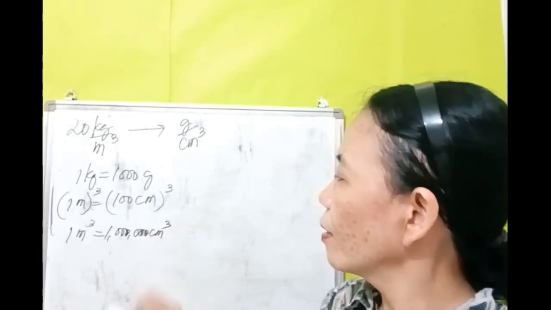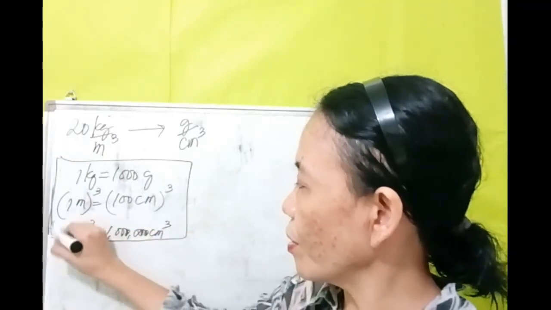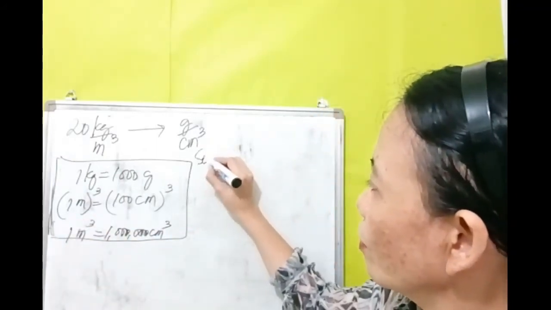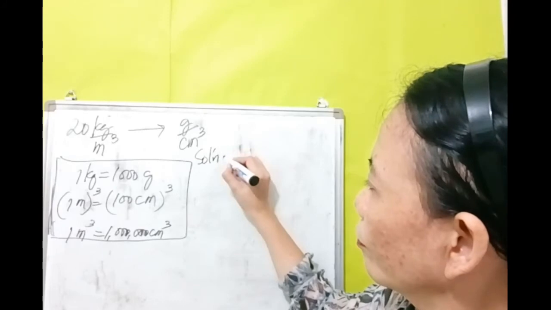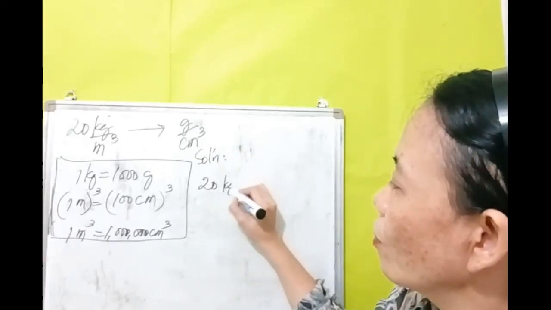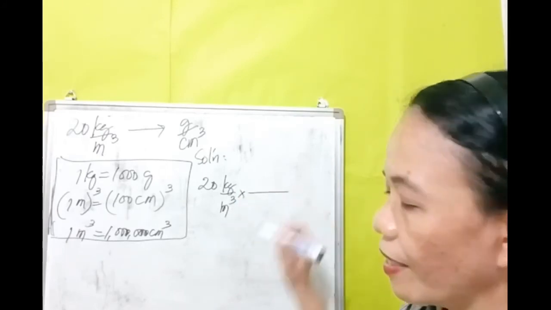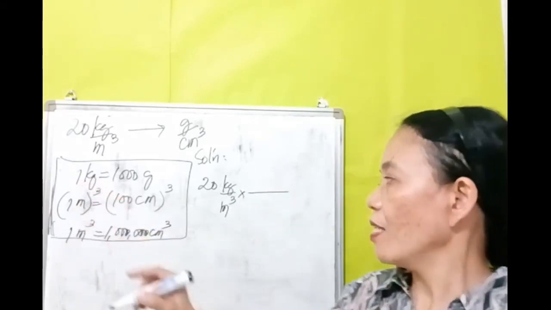Okay, so these are the conversion factors that we're going to use. So let us solve. So copy 20 kilograms per cubic meter multiplied by, okay, kilogram first.